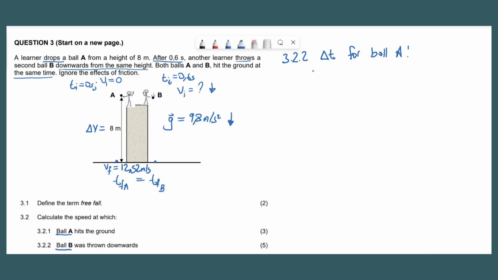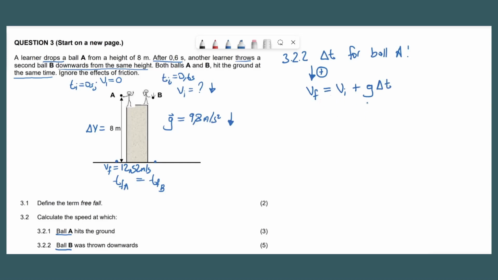And since we had already used in the previous calculation downward as our positive direction, we must remain consistent with that direction throughout the rest of the questions. So downward is still going to be our positive direction. And then the formula that we are going to use is VF is equal to VI plus g delta t.